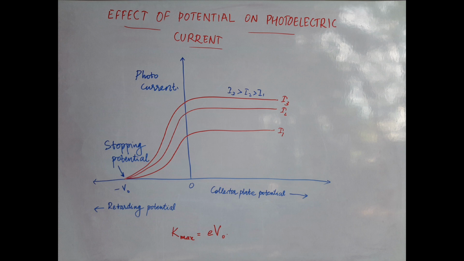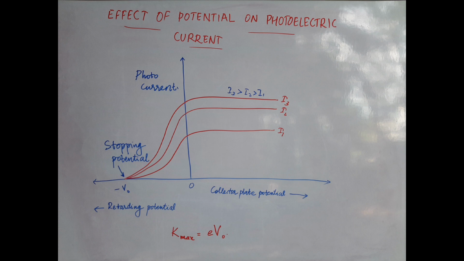That means this retarding potential is equal to the maximum kinetic energy of that electron. So we can say that K max is equal to eV0, where eV0 is the energy of the potential applied. This is the maximum kinetic energy.